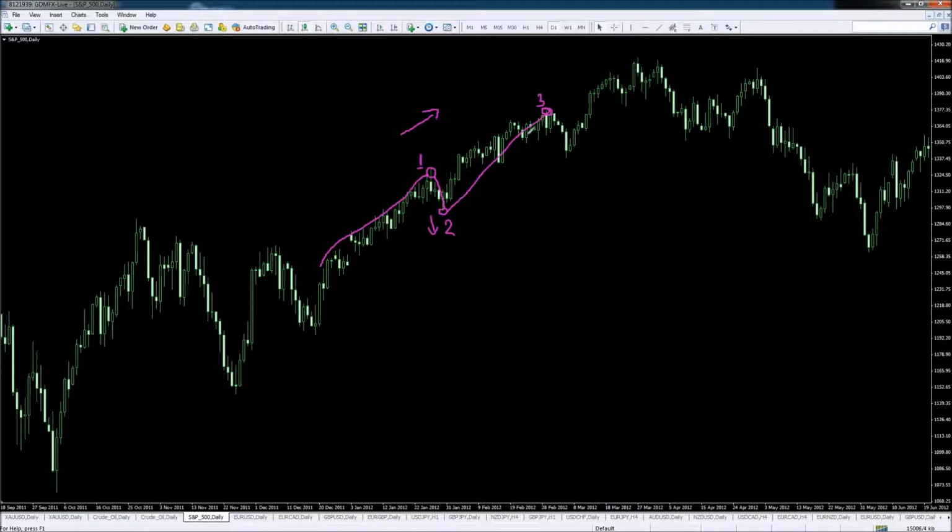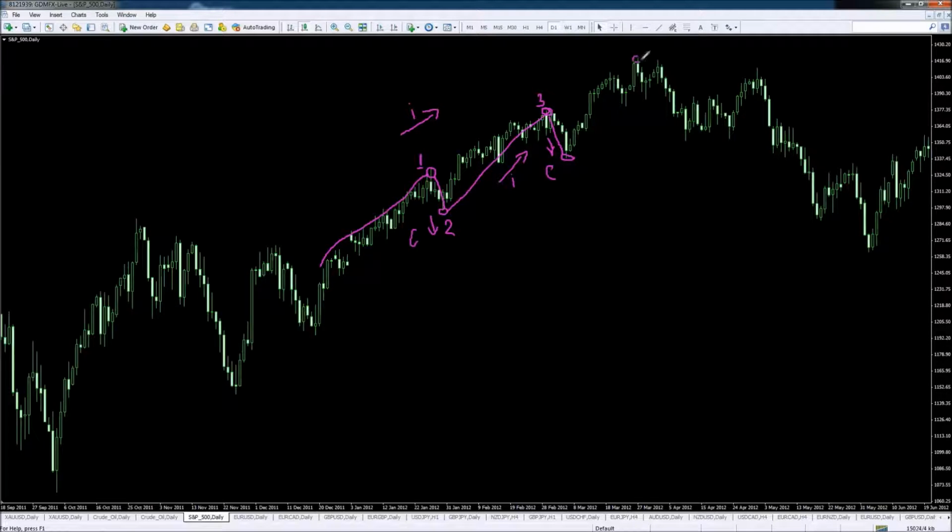And then you have the third one to the upside, which is your impulsive wave as well. Then you have a wave number 4 here, which is another corrective wave. We're going to name them like this. Impulsive, corrective. Impulsive, corrective.